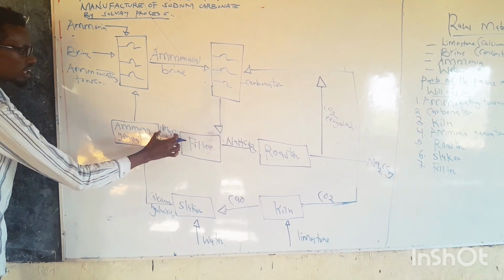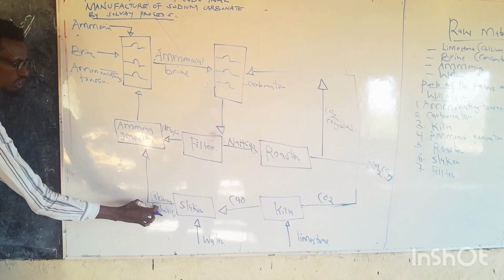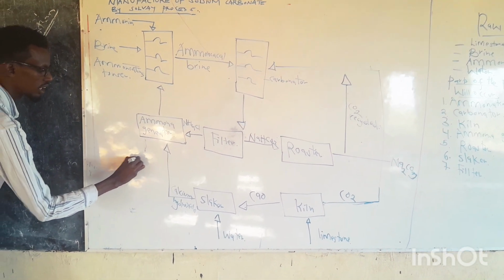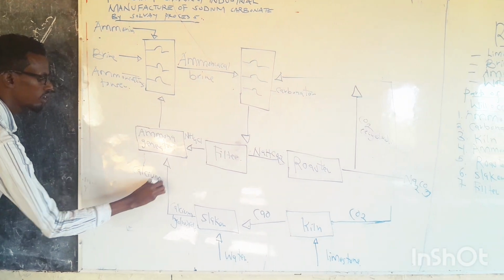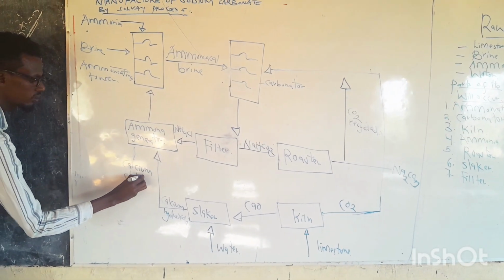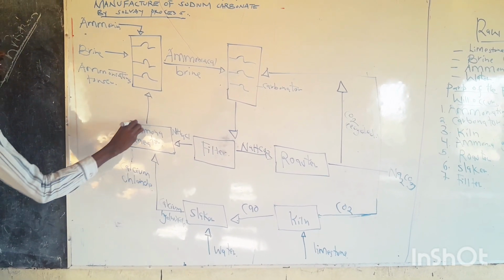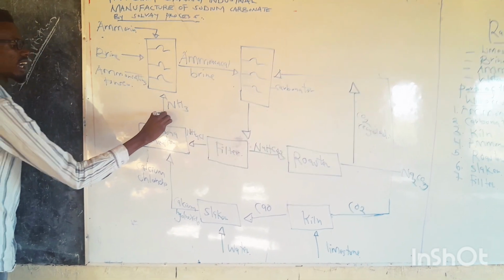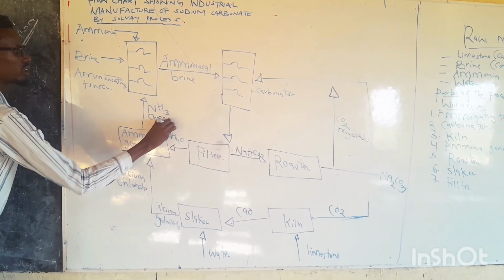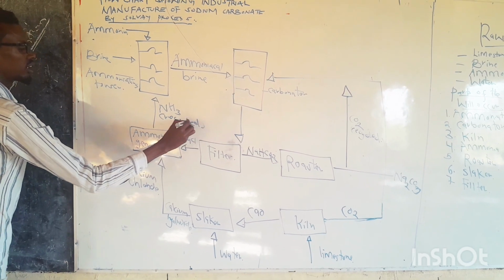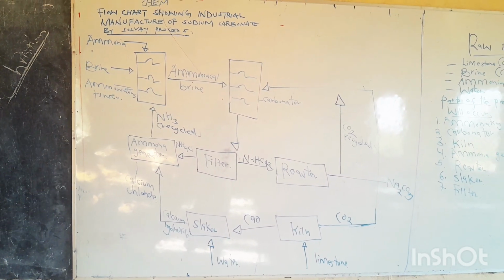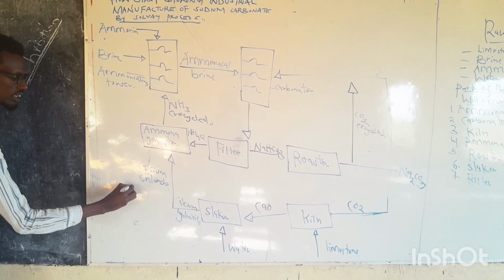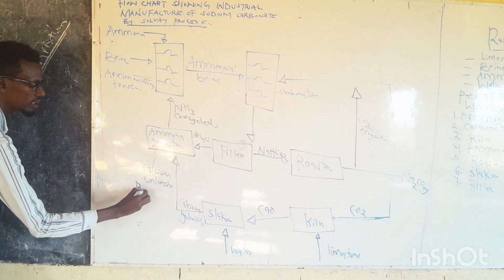Here, ammonium chloride mixed with calcium hydroxide produces calcium chloride and ammonia, which is recycled to the ammoniating tower, and calcium chloride is the byproduct.